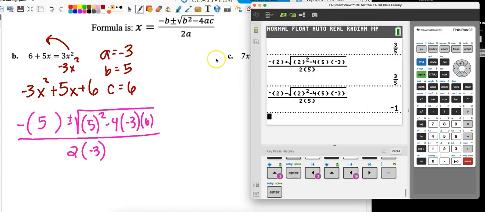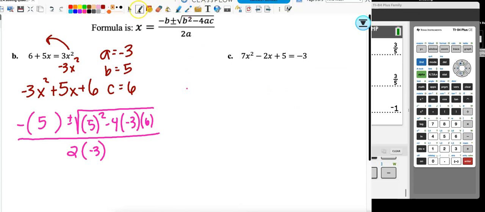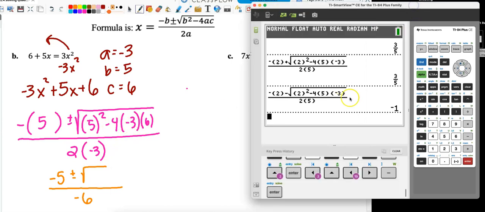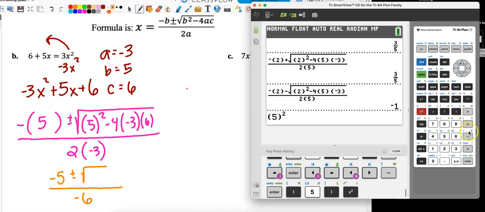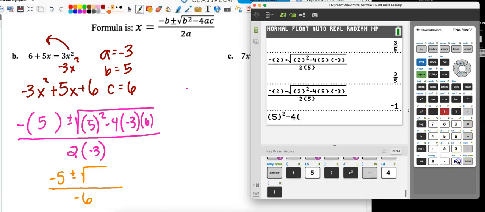I'm going to kind of show you how to do it another way though, for simplifying reasons. So I'm going to simplify the front, which will be a negative 5, plus or minus. I'm going to simplify the denominator, which will be a negative 6, and then I'm going to simplify what is in the square root. So let's type in what is underneath the square root without the square root symbol. So parentheses 5 squared minus 4 times negative 3 times 6.